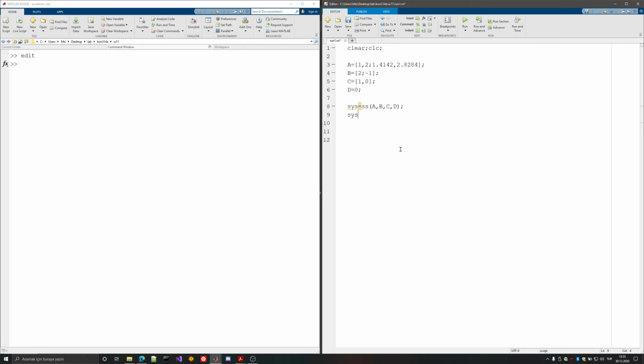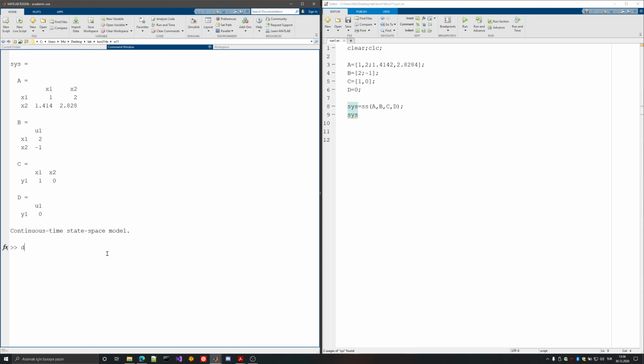If you type this in and run this, you will see that it immediately gives you the A, B, C, D matrices back. If you don't want to see anything as an output, you have to put in a semicolon, but otherwise you will get this here, and you can see the internals. As far as I know, in the documentation of SS, you can give states names.